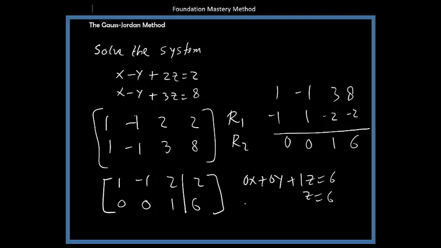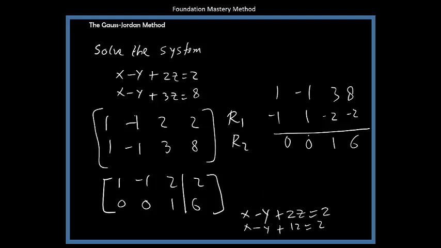From the first row, you get x minus y plus 2z equals 2, so 2 times 6 is 12, plus x minus y equals 2. Further, if you solve, you get x minus y equals negative 10. Then if you move y to the other side, you get x plus 10 equals y. And we already have z equals 6.